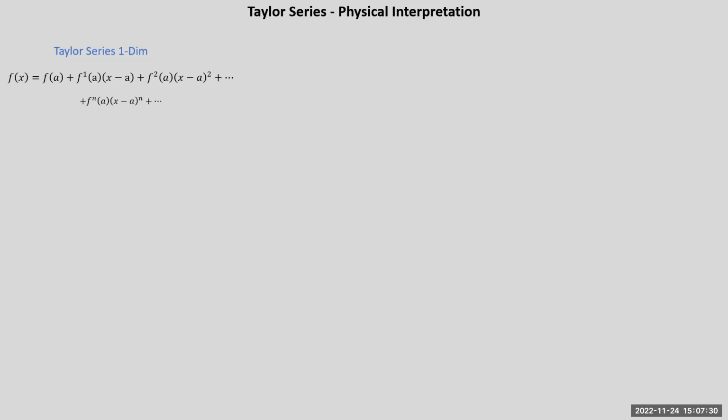If you observe this Taylor series, and for the time being you replace f of a by 1, then you'll get the terms 1 plus x minus a plus x minus a square plus x minus a cube and so on, which can go up to infinity with the intermediate term of x minus a raised to n.